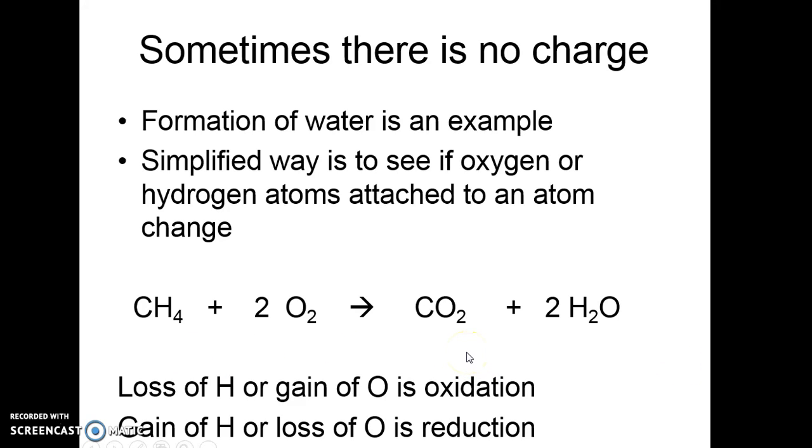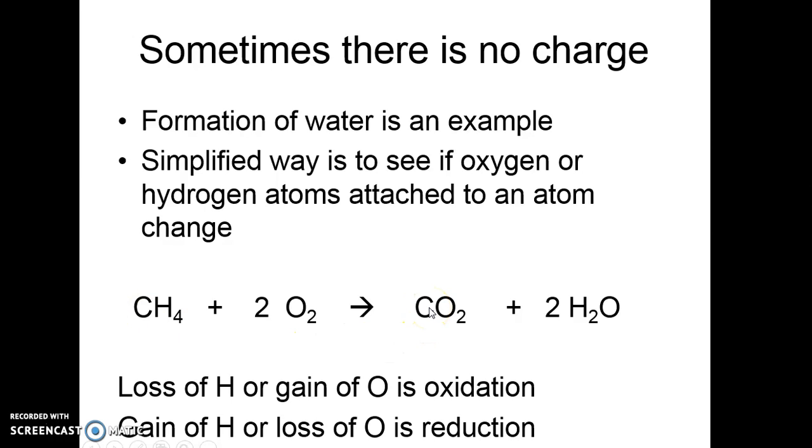There is no charge. The way we do it when it's carbon compounds and there's hydrogen and oxygen attached is we just look at the numbers of hydrogens and oxygen.